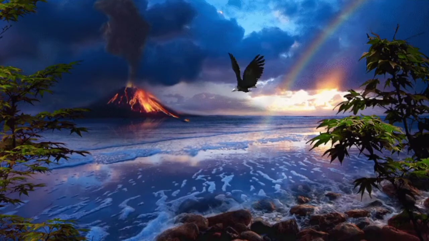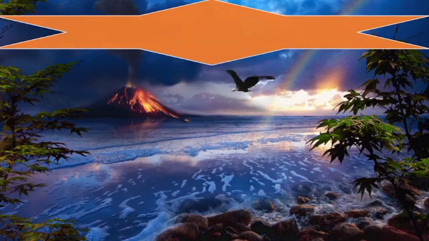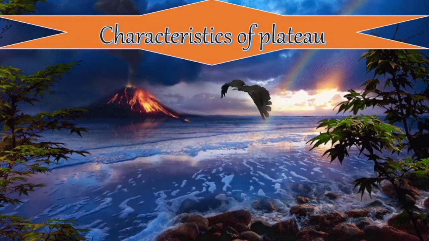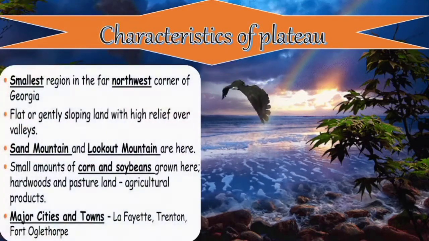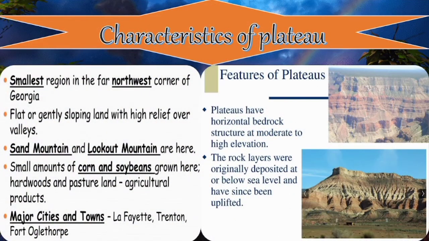From there, we proceed to the characteristics of a plateau. When we talk about the characteristics, we are actually referring to the attributes, the features that will enable you to identify it.